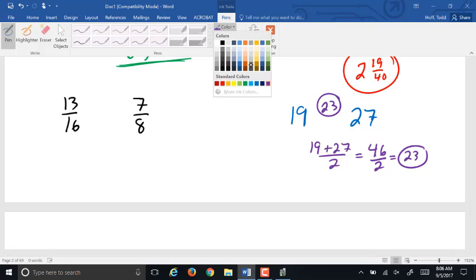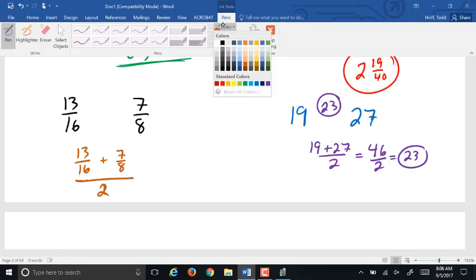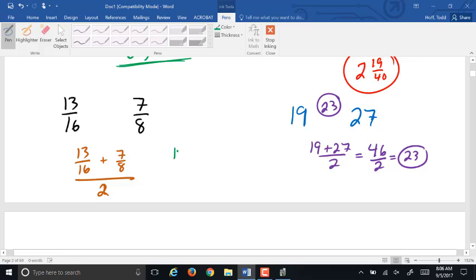We can do the same thing with our fractions. If we have 13/16 and 7/8 and we need to find the size exactly in between it, it's going to be 13/16 plus 7/8 and then divided by 2. So 13/16 plus 14/16, which is going to give us 27/16.